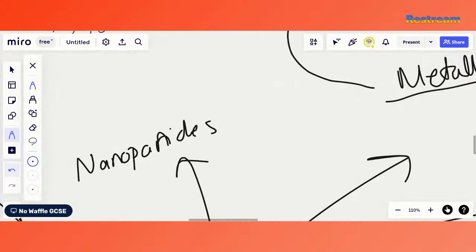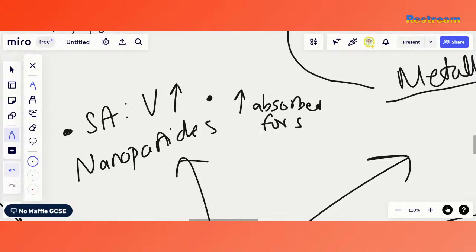So these particles have a very high surface area to volume ratio. So you've hopefully done this in biology, in which the surface area to volume ratio is really useful, because the higher the surface area to volume ratio, the more can be absorbed for the same volume.